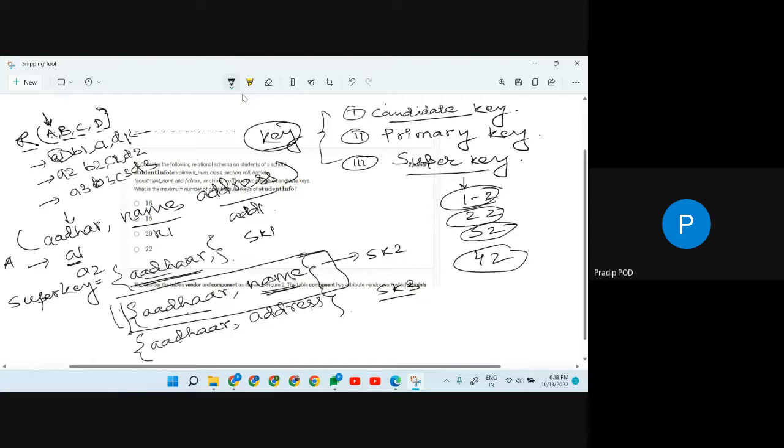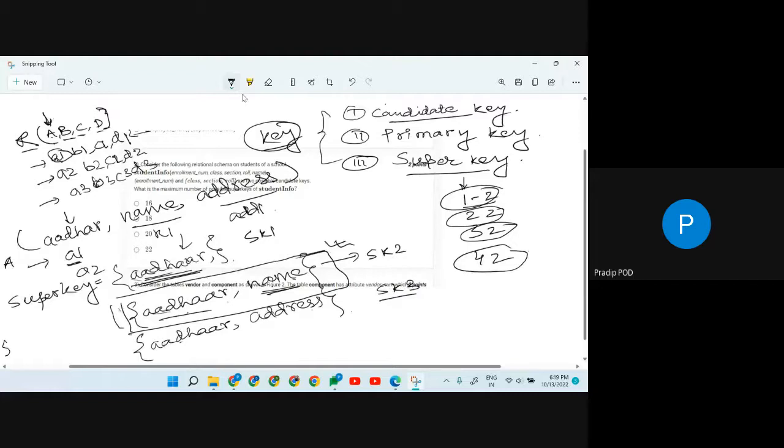So if we take any proper subset of the super key, and if any proper subset can identify each tuple uniquely, then that is not a candidate key. You can call that a super key, right? So what is the proper subset of this super key? Not possible, right? This is only one attribute. So here it is possible.